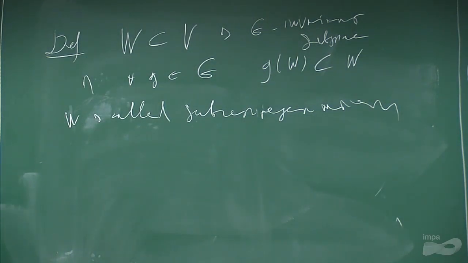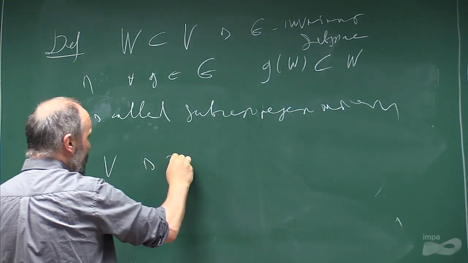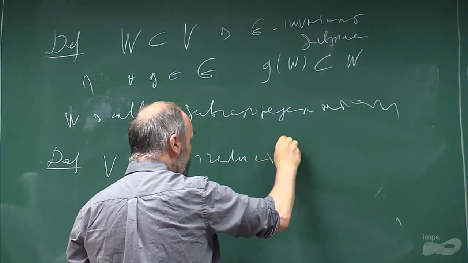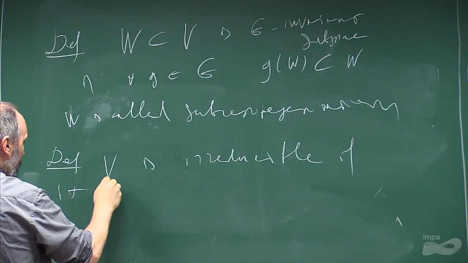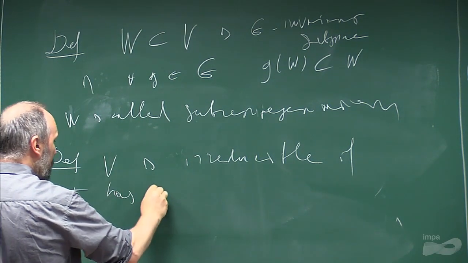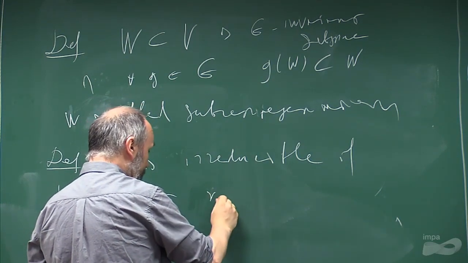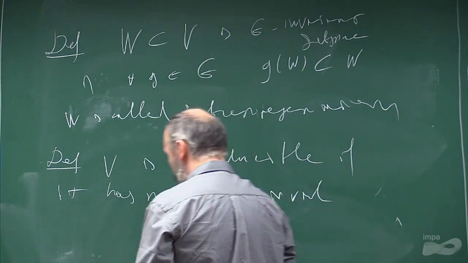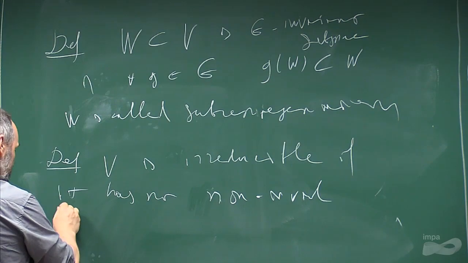And then definition: V is irreducible if it has no non-trivial subrepresentation. So it has trivial W and 0, but no non-trivial subrepresentations.